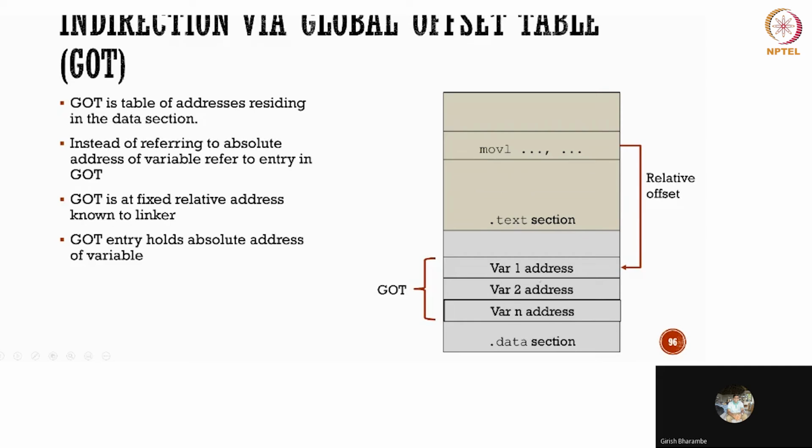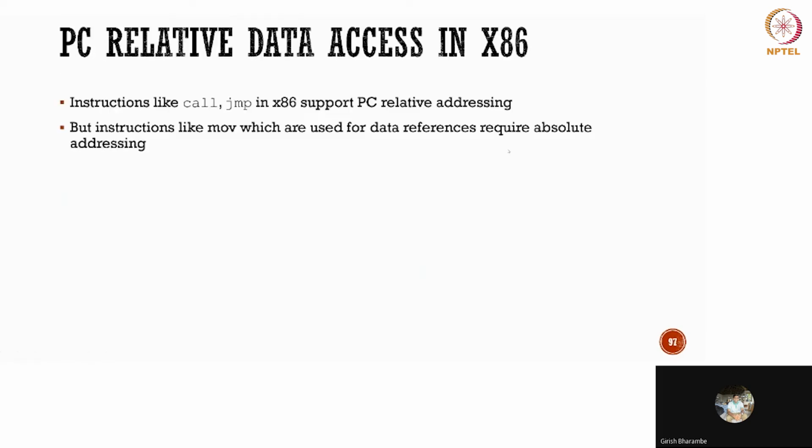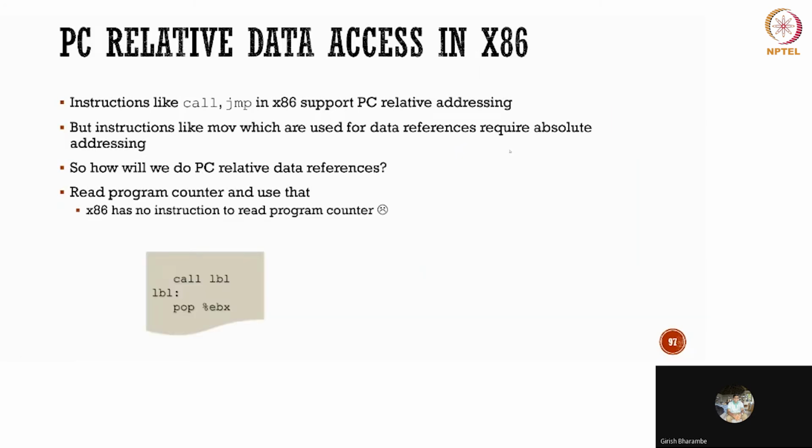And within that, you know where var1 is. So you can simply load that address. What you have avoided is the need for creating an absolute address reference in this text section. Okay.